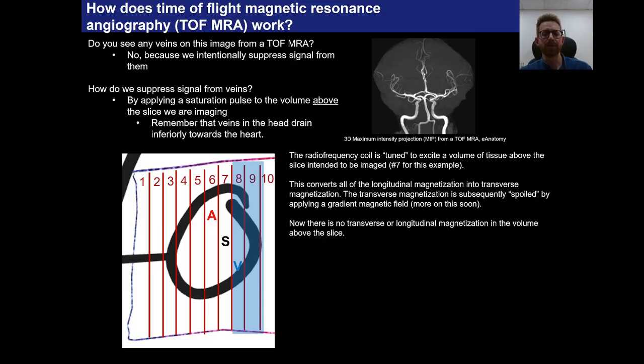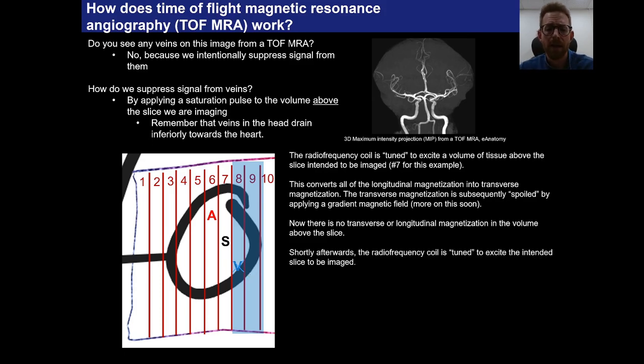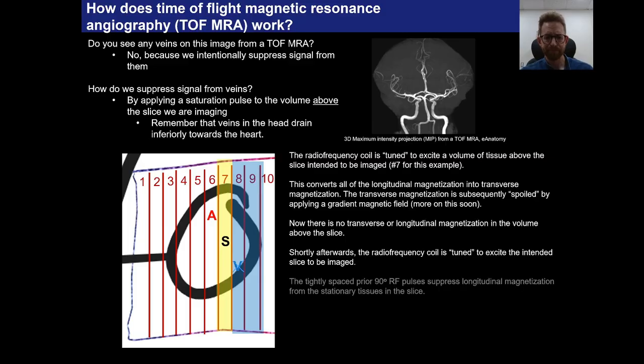So as a result of exciting this volume of tissue above the slice that we're imaging, we don't have any more longitudinal magnetization because it's been flipped into the transverse plane. And we don't have any transverse magnetization because we've spoiled it with this gradient magnetic field. So we've essentially destroyed signal from the veins above the slice that we're imaging, as well as all the other tissues too. Shortly afterwards, the radiofrequency coil is tuned to excite the intended slice to be imaged, slice 7.